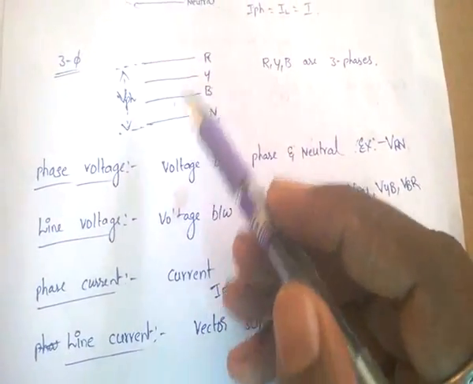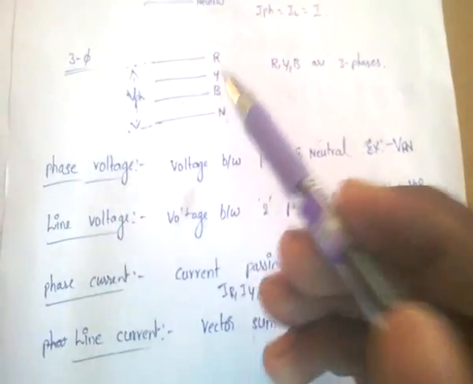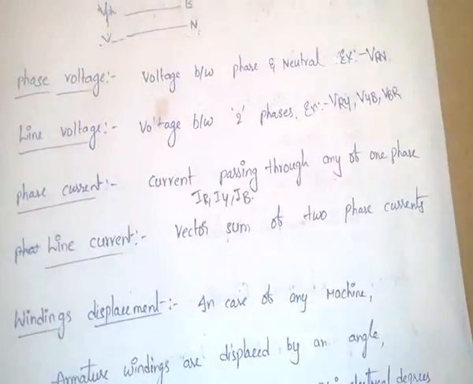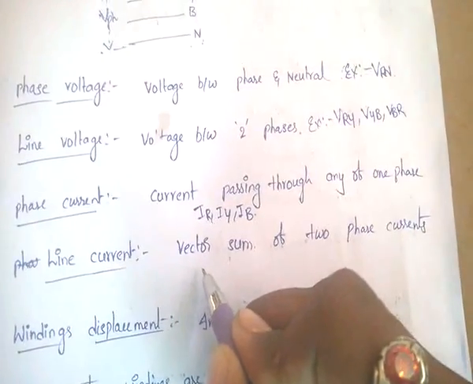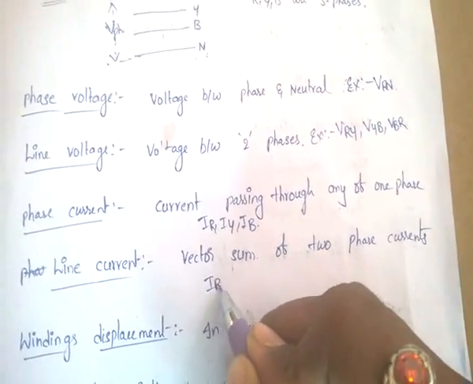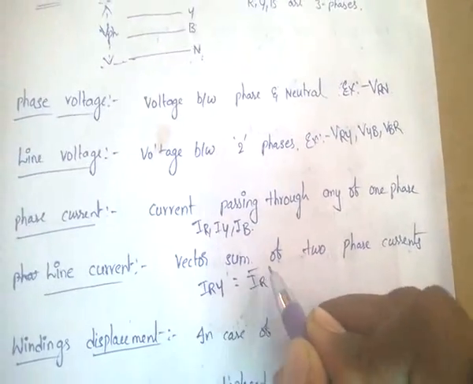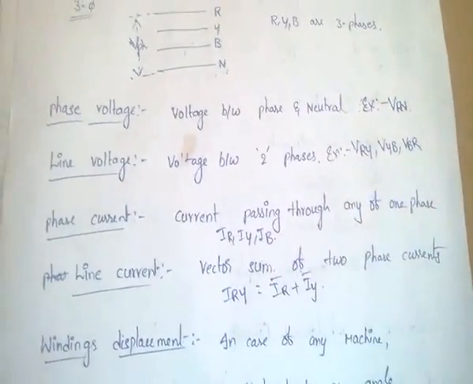The vector sum of two phase currents is the line current. For example, IRY equals the vector sum of IR plus IY. This is a line current.